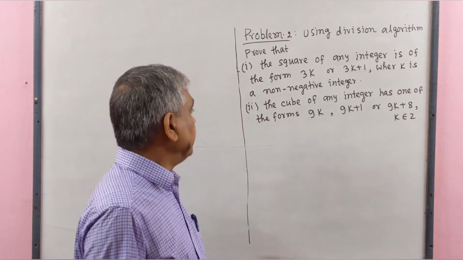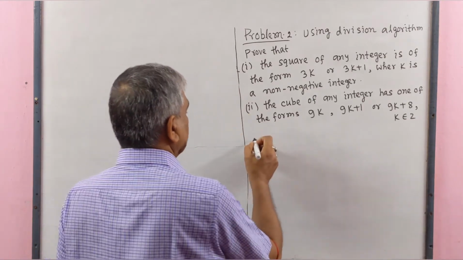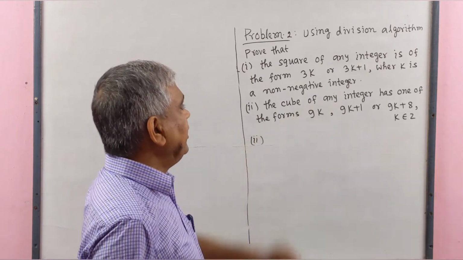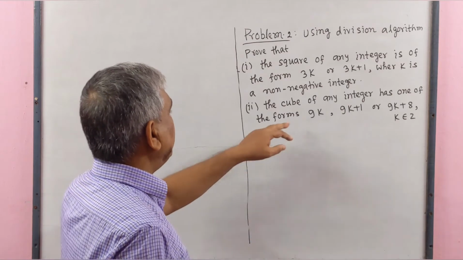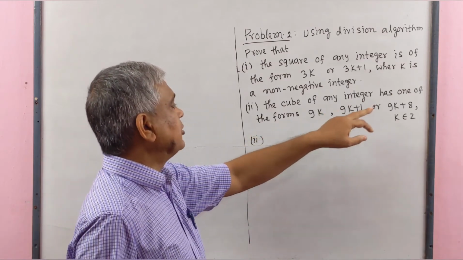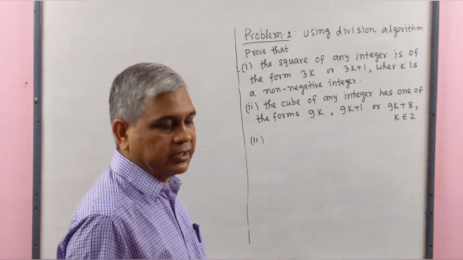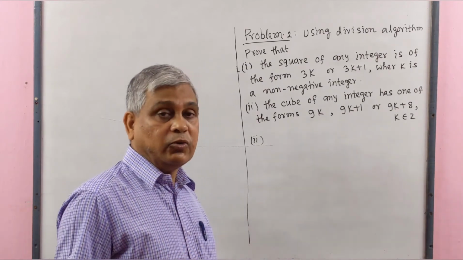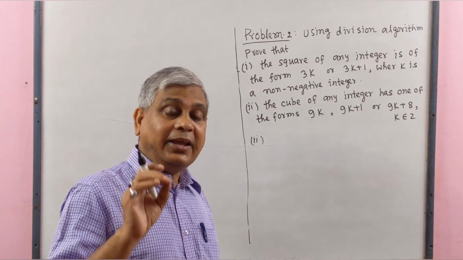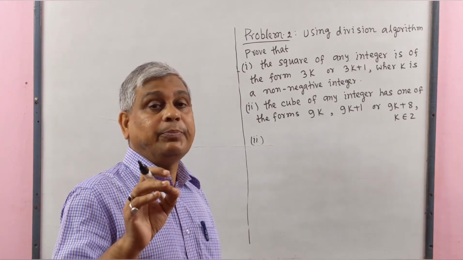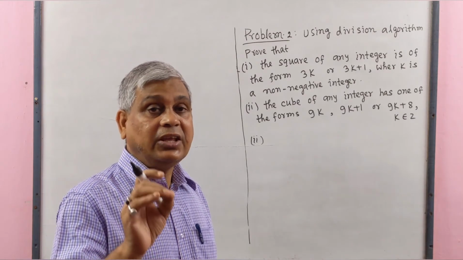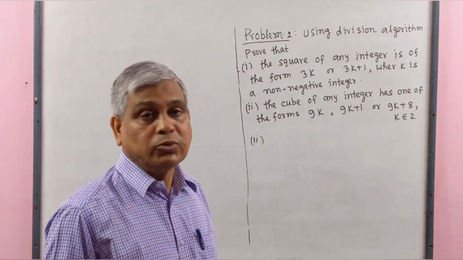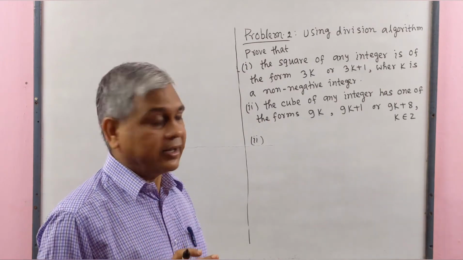Now we solve number 2. The cube of any integer has one of the form 9k, 9k plus 1 or 9k plus 8. Since in problem number 1 we have seen that any integer may be represented as 3m or 3m plus 1 or 3m plus 2 where m is an integer.